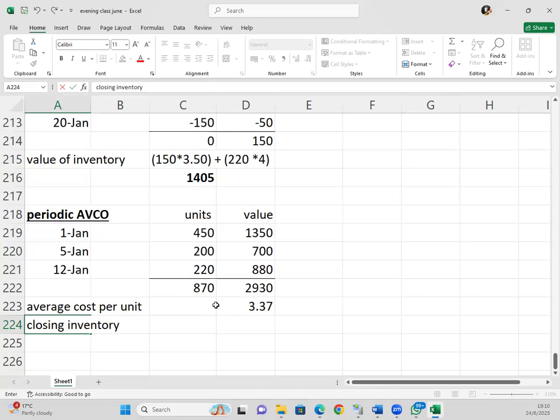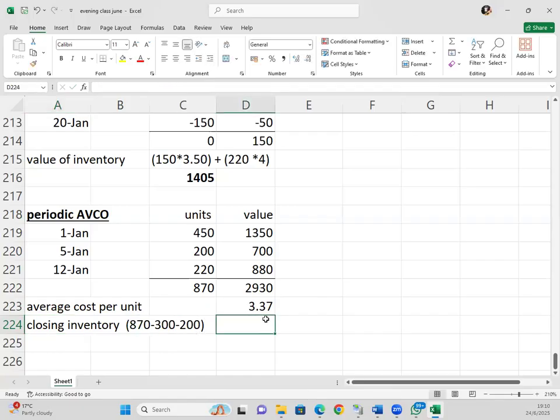Then, okay, we bought 870 units in total, but how many did we sell? Firstly, we sold 300, and we then sold again 200. So you're just subtracting the units.